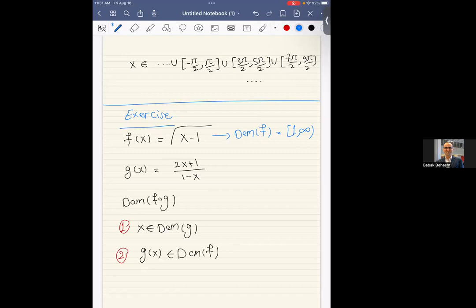One is X in the domain of G. That means basically X cannot be 1, right? Because the domain of G is all numbers except 1. So it's all real numbers except 1. So here, this minus sign means you remove 1 from the real numbers, which is basically the same as X in R minus 1.